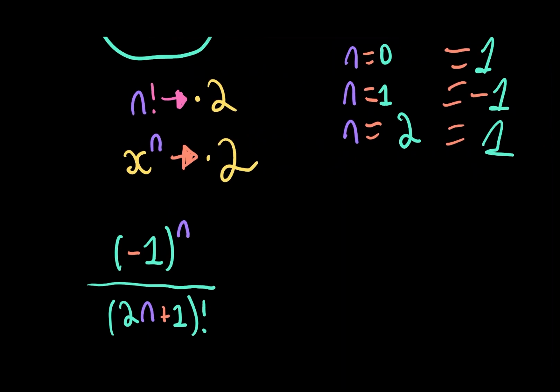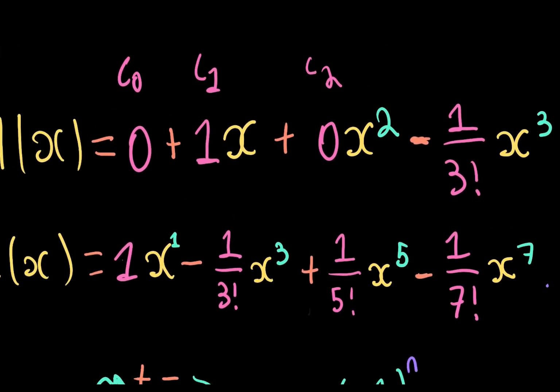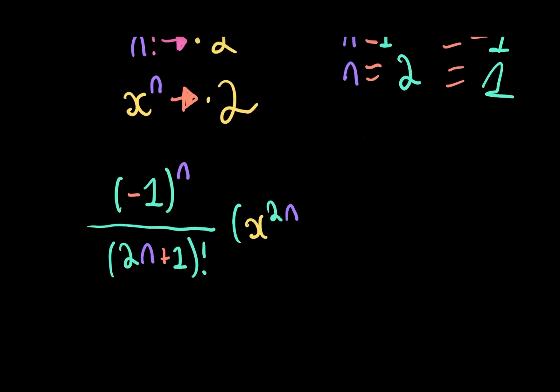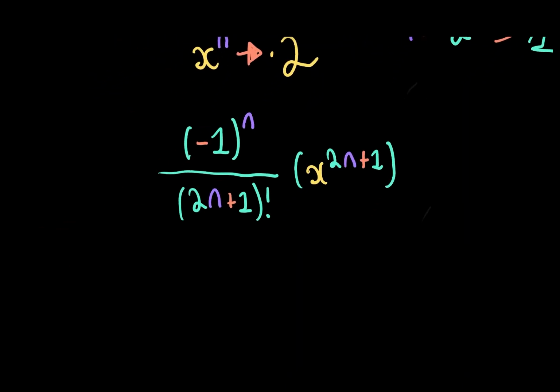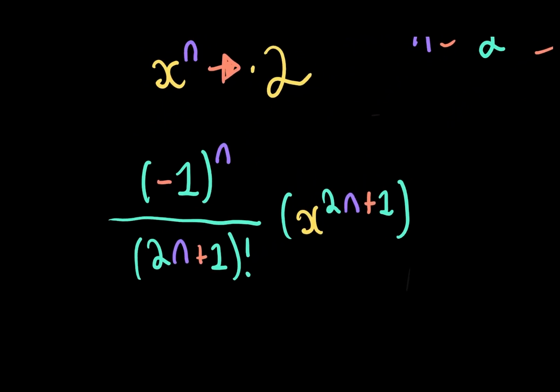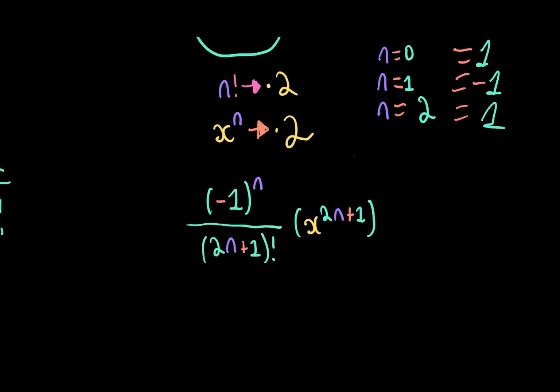So then that becomes x to the power of 2n, and then remember our exponents were also odd every time. So then that would be +1 as well, because anything even +1 would be odd. Alright, so we have this equation here.